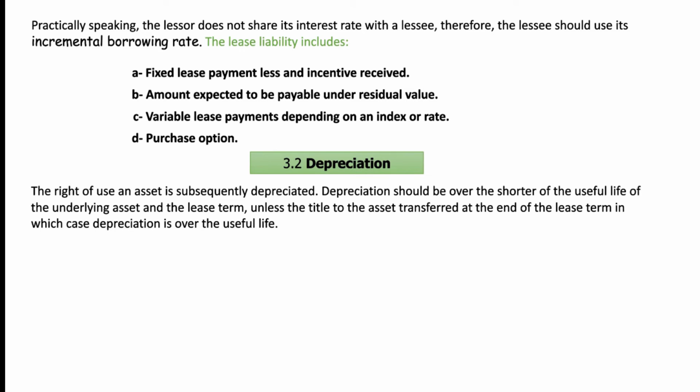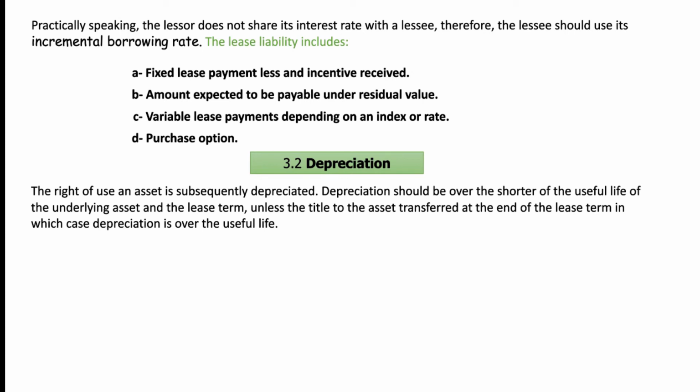Let's take an example. We are going to enter a lease contract over 5 years. However, the economic useful life of the asset is 10 years. 5 years is the lease term and 10 years is the useful life of the asset.